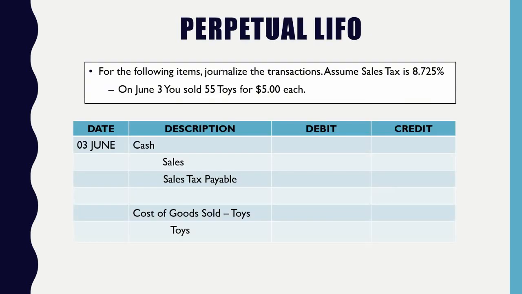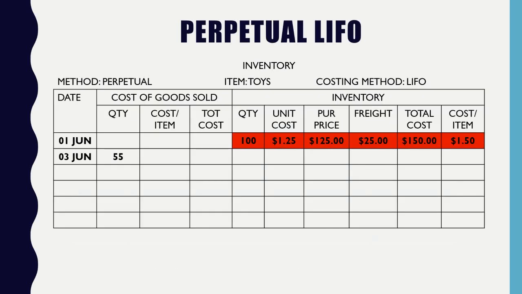Then on June 3rd, you sold 55 toys for $5 each. Now, in this case, we only have one batch of inventory, so we don't need to focus on what came first and what came last. Our assumption is that it's going to cost $1.50, which is what we calculated, and that's what we plug in here.